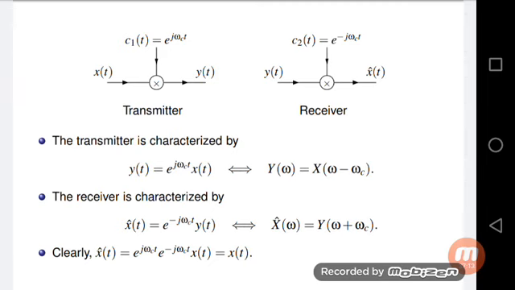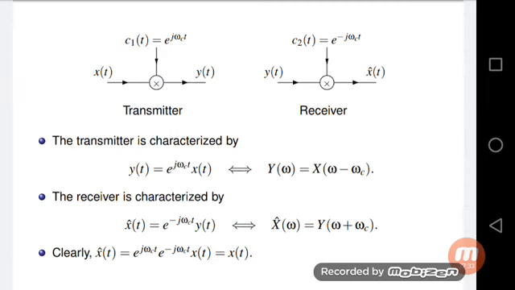So for the overall demodulated signal, e to the j omega c t and e to the minus j omega c t are cancelling. Both cancel.